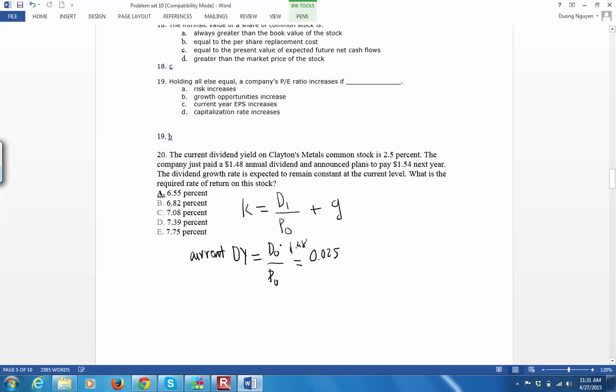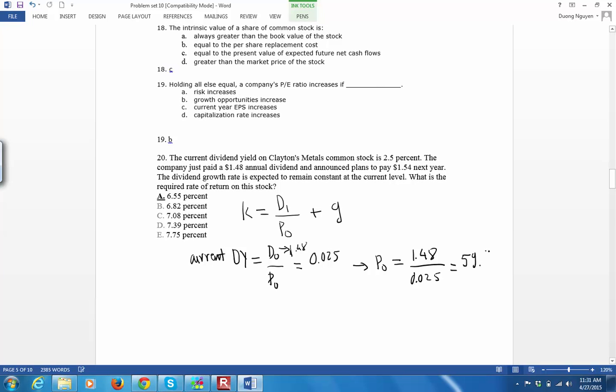So you should be able to get the current price equal to 1.48 over 0.025, and this is equal to 59.2. So the current price is 59.2.